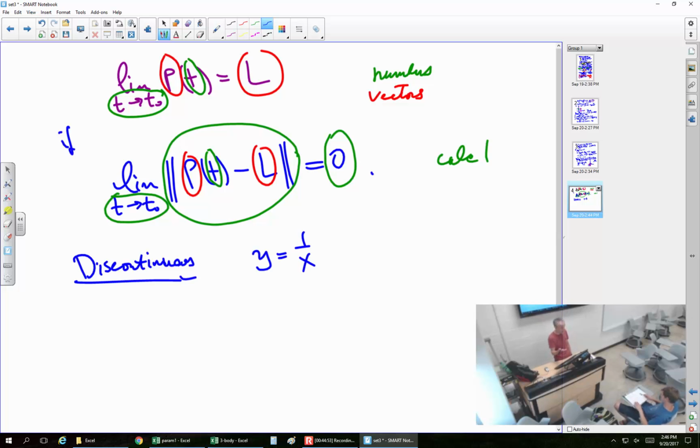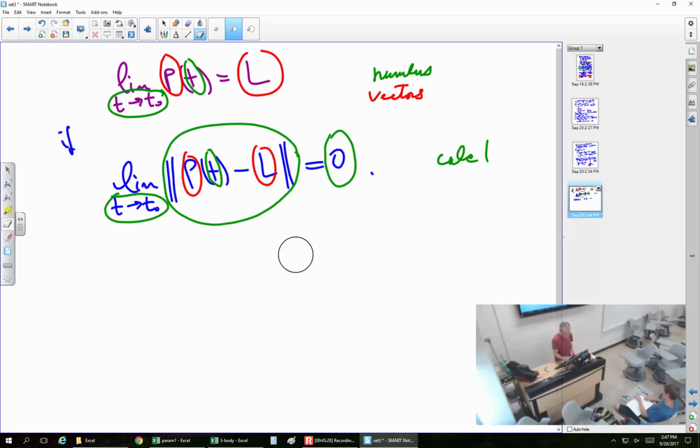So what about discontinuous parametric curves? That should not be a big deal because we can convert every graph, every function of one variable, y equals f of x, to parametric curves. Remember the strategy for that. Maybe we'll talk about that. It did not come up before.